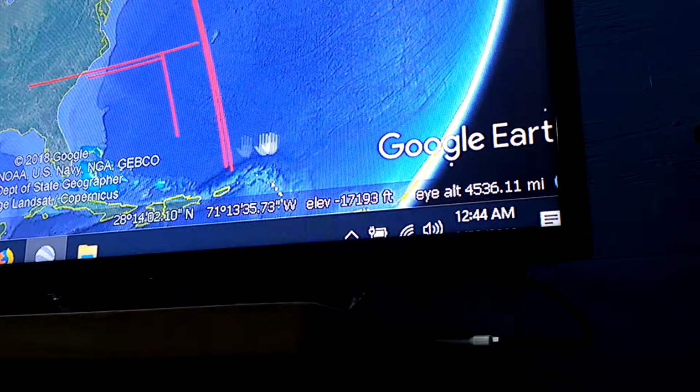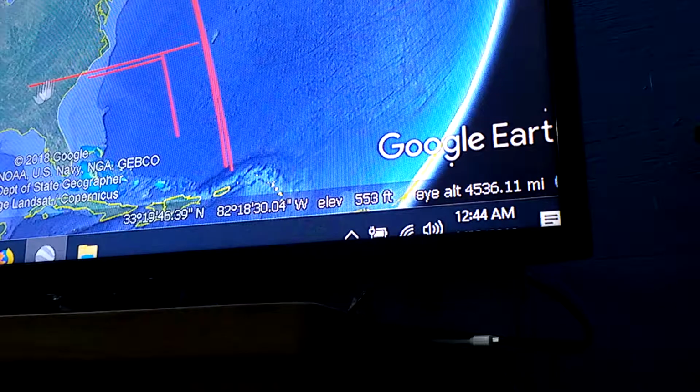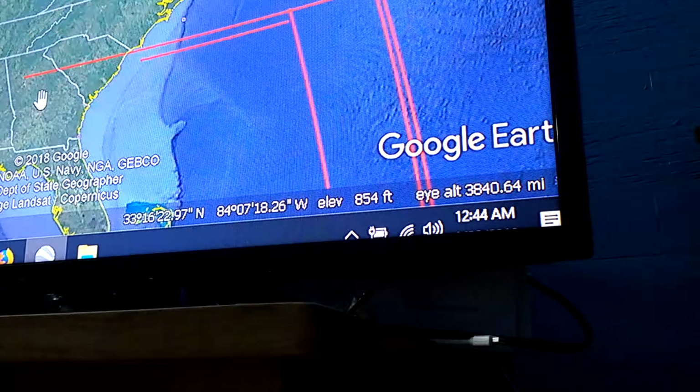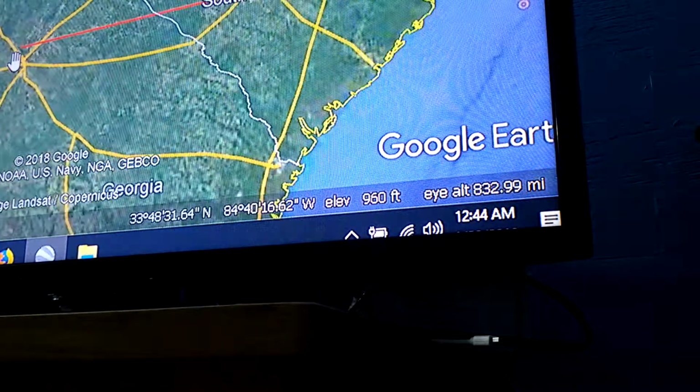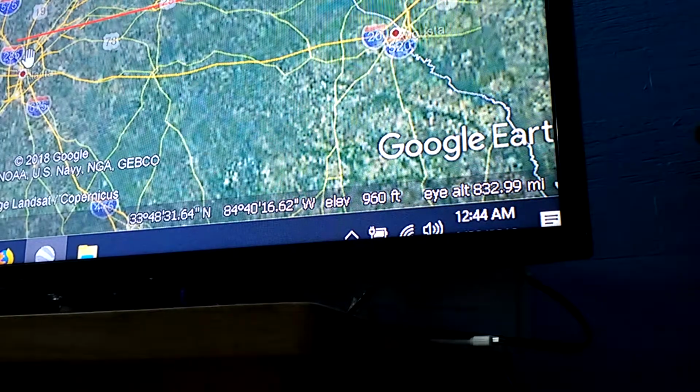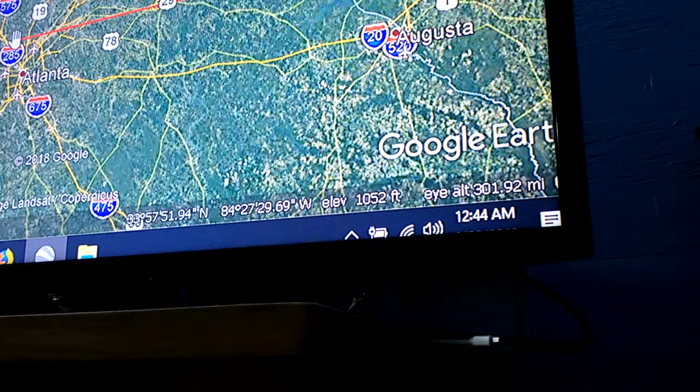I first started out by looking at Atlanta. This is where I live. If you notice the hand right here, it is 1,050 feet above sea level. Okay?